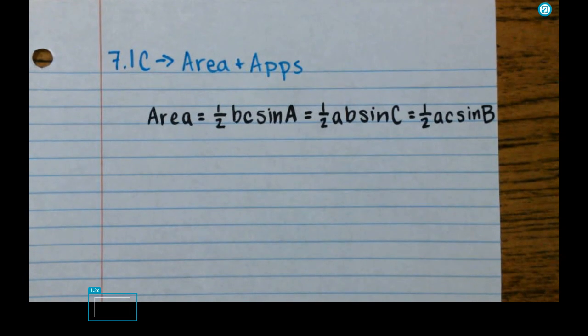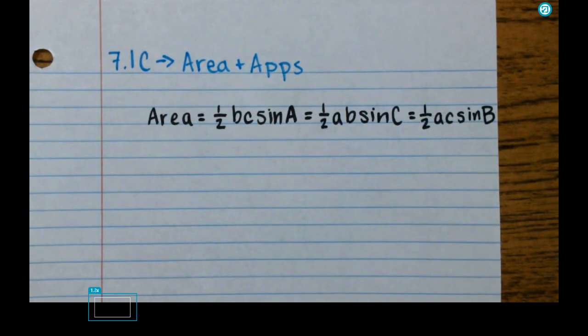They all use all 3 letters: 1/2 BC sine of A, 1/2 AB sine of C, 1/2 AC sine of B.